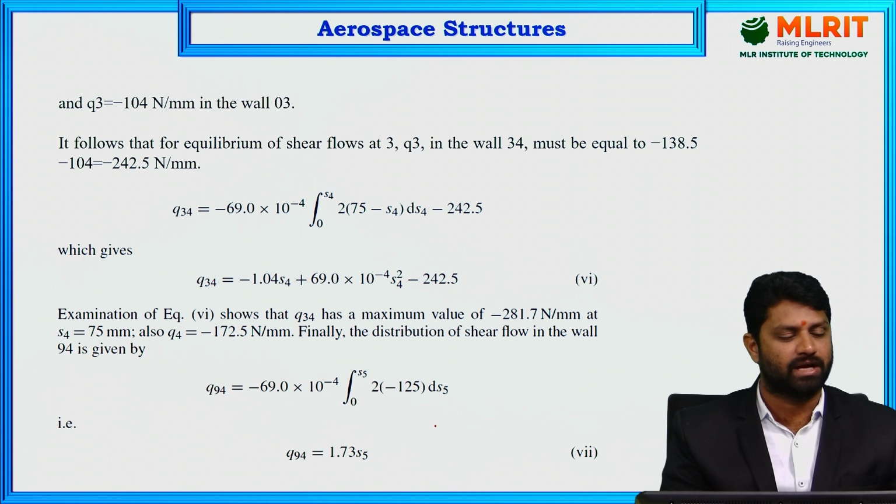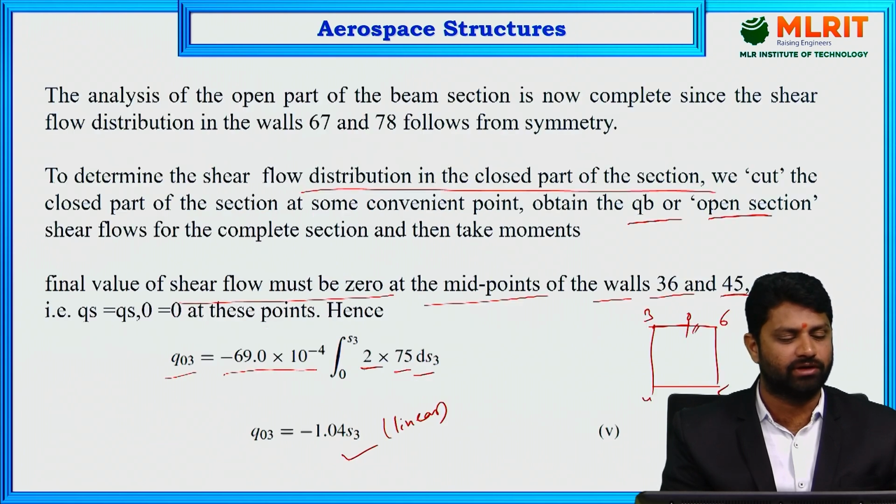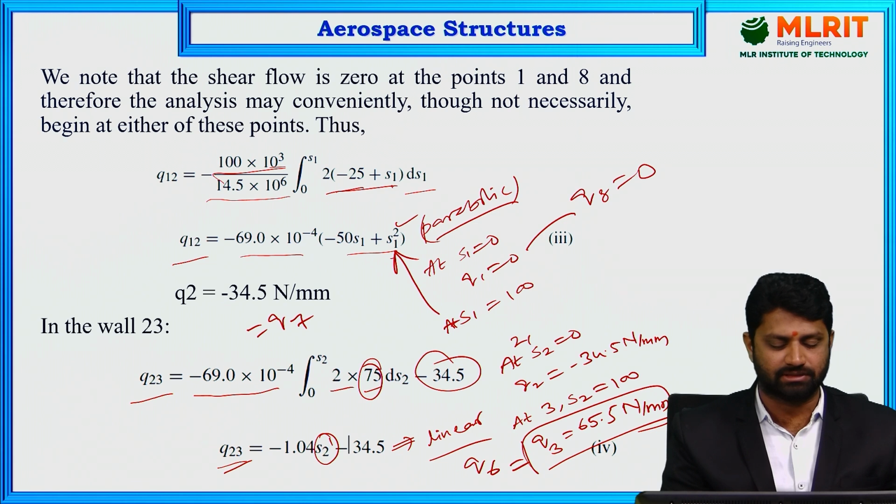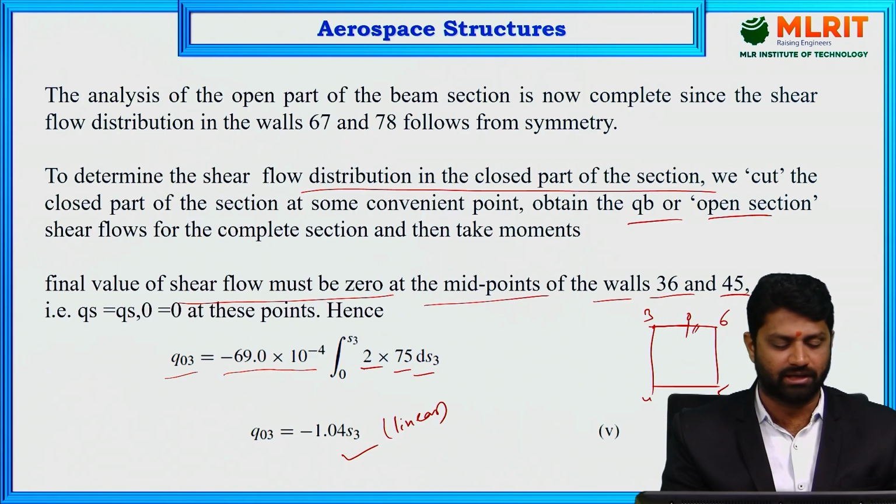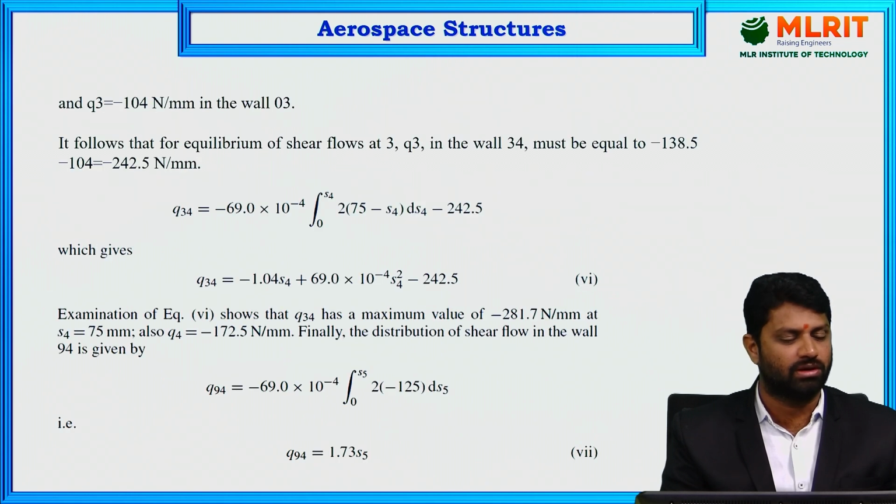Okay, and Q3, what we got from the previous analysis, is 65.5, and if you substitute, multiply by 1.04, Q03 is 1.04 S3.